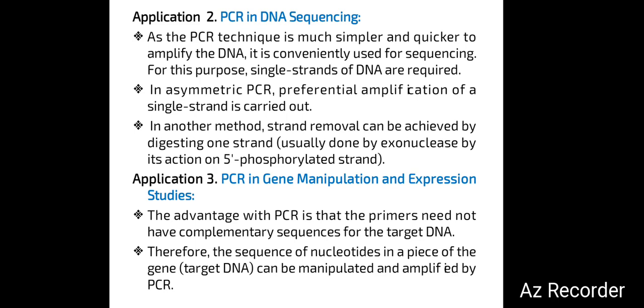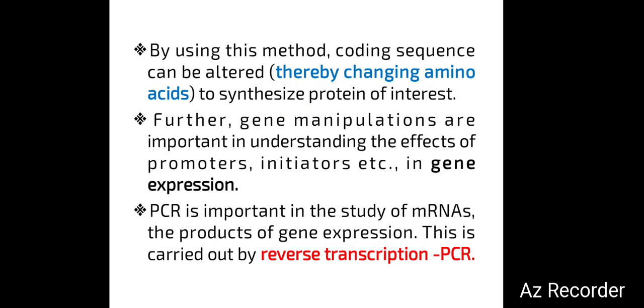By using this method, the coding sequence can be altered to synthesize a protein of interest by changing the amino acid sequence. Further, gene manipulations are important in understanding the effects of promoters, initiators, etc. in gene expression studies. PCR is important in the study of mRNAs, the products of gene expression. This is carried out by reverse transcription PCR.